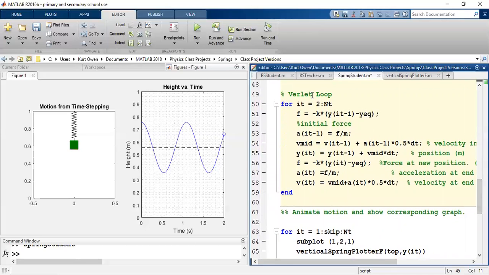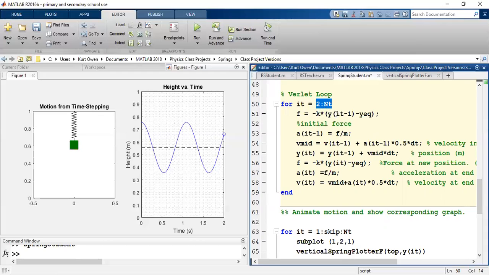You'll remember the force. We start by calculating the force. It's right here. Then we use the force to get acceleration. We simply use Newton's second law and divide the force by mass, and that gives us the acceleration. Now I did something strange here. I probably should go back and change that in the future. I start my time step loop at 2 and go all the way out to nt.